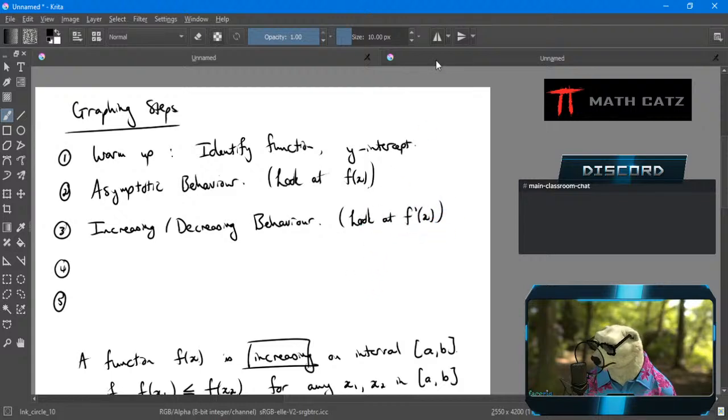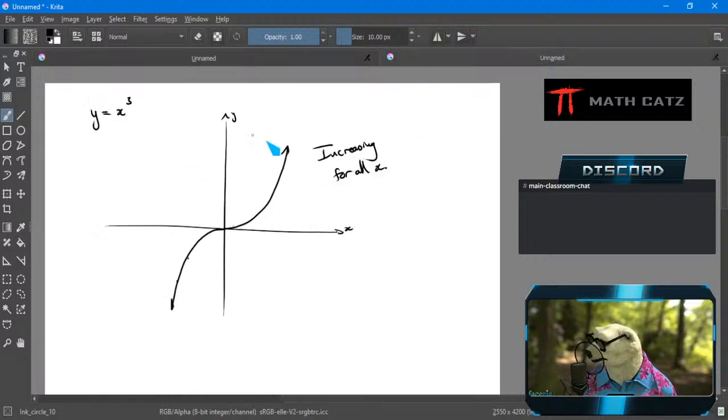So let's do some examples and see what there is to see. Well, I have this guy. Might as well finish this guy. The derivative is going to be 3x squared. And you see this is always going to be greater than or equal to 0, because take any negative x value, the square is going to make it positive.